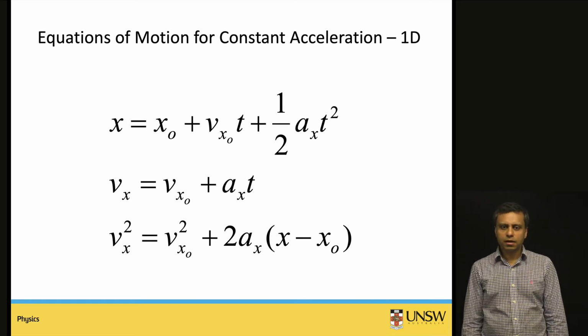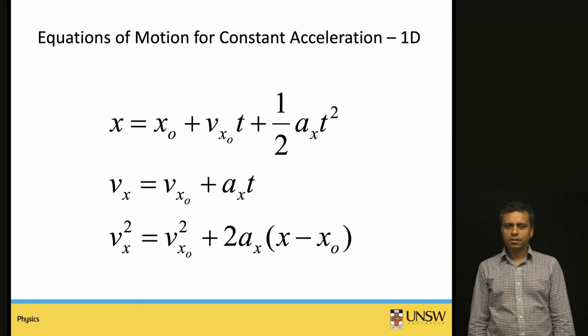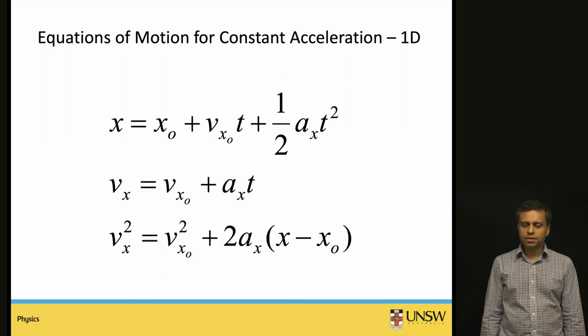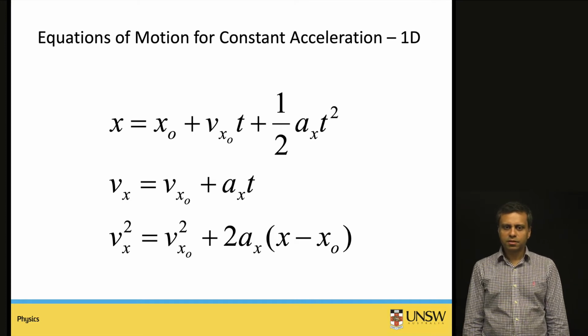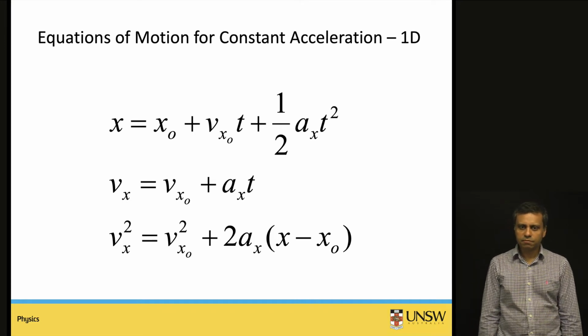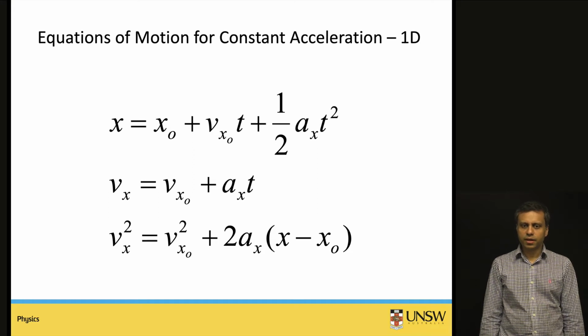It has some initial velocity vx naught, and it has traveled for some time t. Then this equation, x equals x naught plus vx naught times t plus half times ax times t squared. So this gives you the position of the particle at some time t.